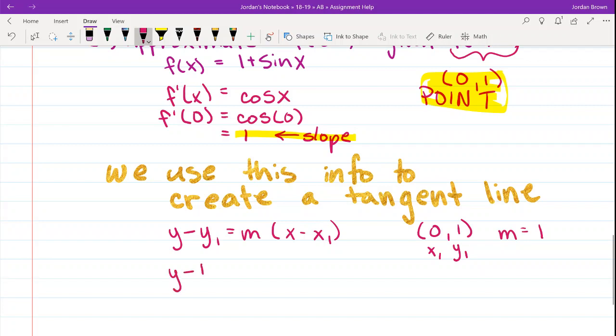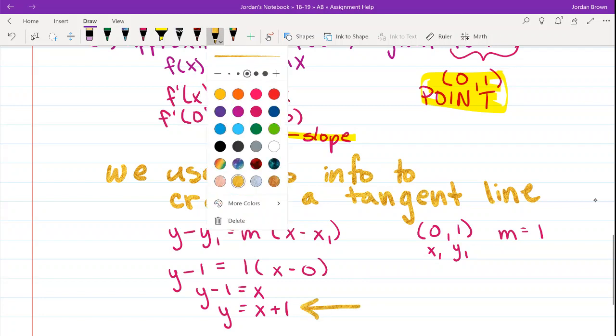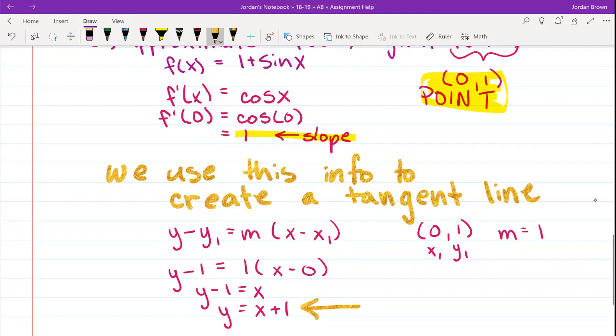Plugging this information in, we get that y minus 1 equals x, and so y equals x plus 1. This is our tangent line approximation.